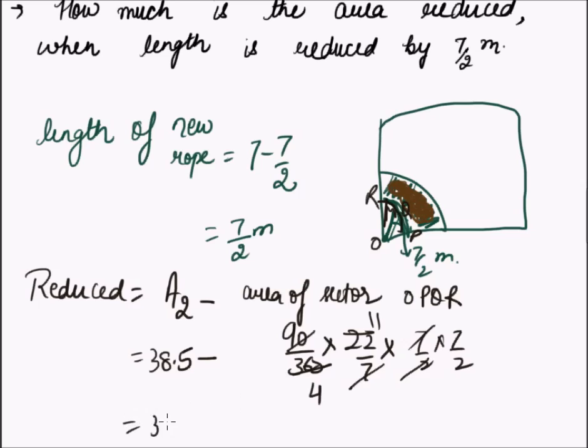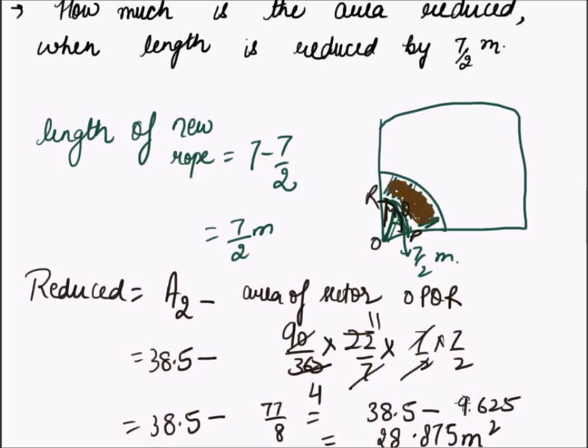So we will get 38.5 minus this, which on calculation will give 9.625, which gives us the reduced area as 28.875 meters squared. So this was the first question on sectors and segments.